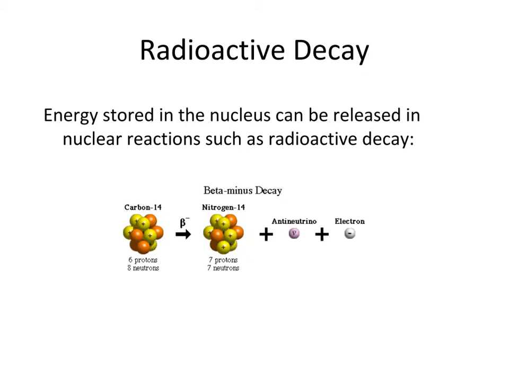Now, this energy that's stored in the nucleus can also be released in nuclear reactions, such as the ones that take place when we see radioactive decay. In this diagram, we see an example of beta minus decay.